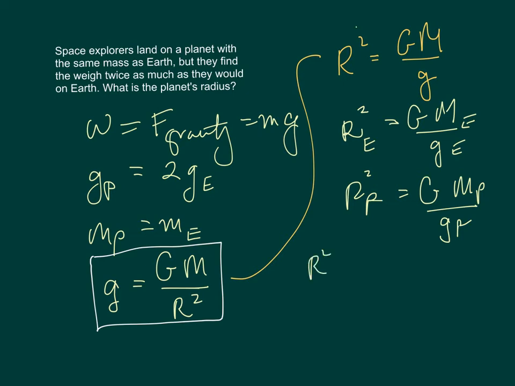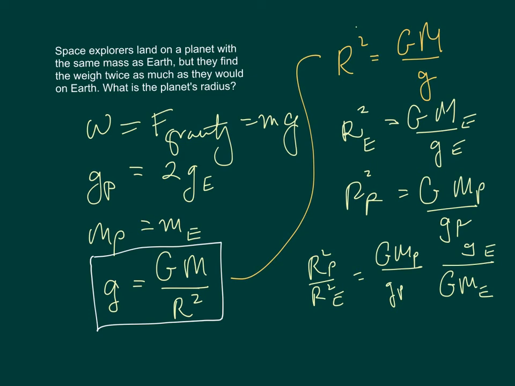So r squared of our planet over r squared of the Earth is equal to G m p over little g p. And now we're going to take r squared of Earth in the denominator, so we're going to flip it. So we end up getting G m of Earth over g of Earth.